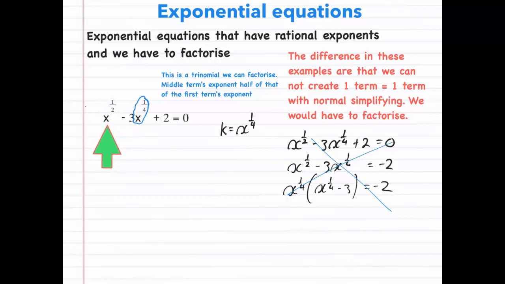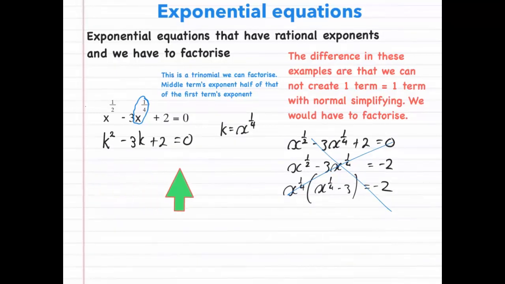So I'm just going to take this middle x with its exponent, and I'm going to say k equals x to the power of a quarter. And now, 2 quarters go into a half, because a quarter plus a quarter is a half. So this will basically be k to the power of 2, and then minus 3k plus 2 equals 0.